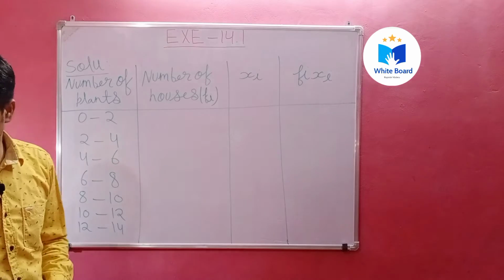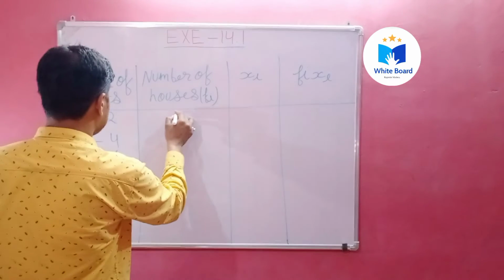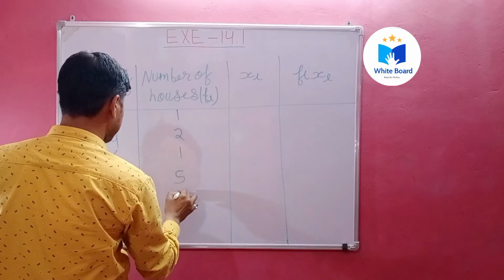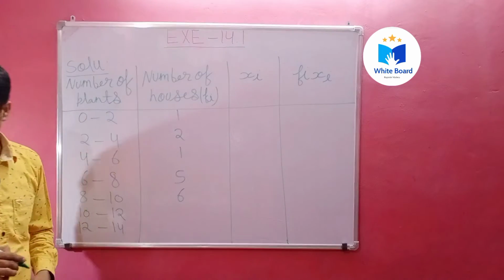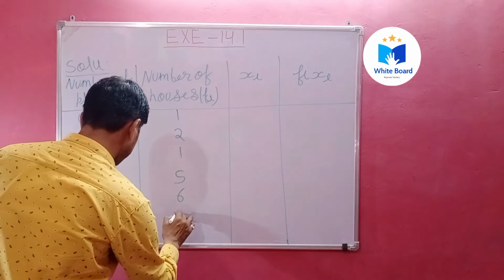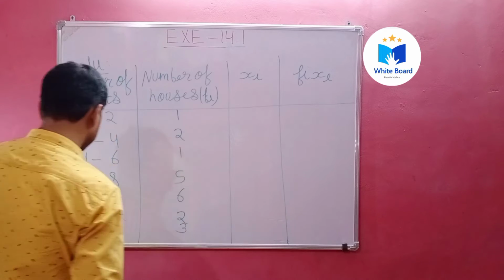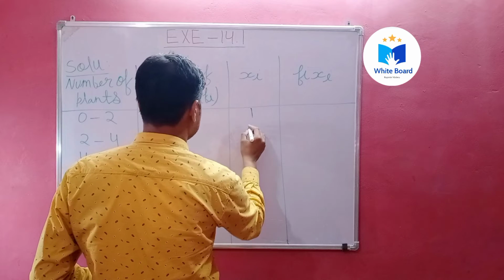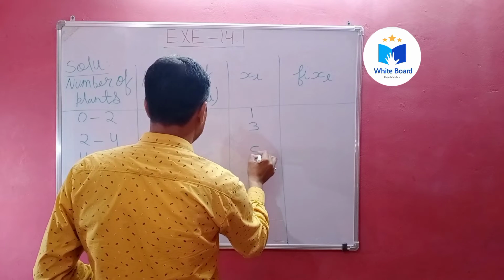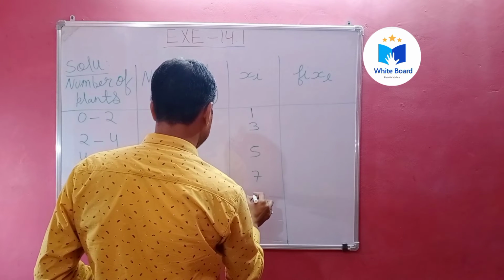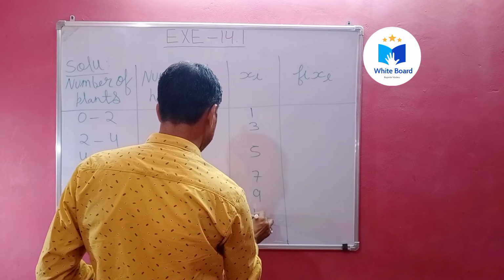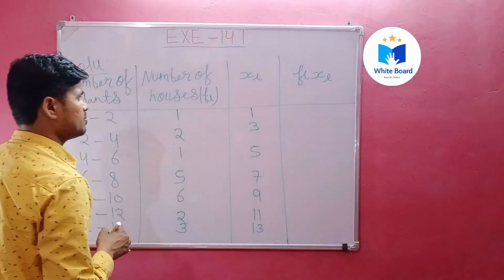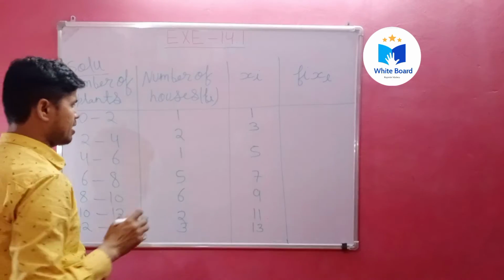And the frequency is given as 1, 2, 1, 5, 6, 2 and 3. Now class marks are 1, 3, 5, 7, 9, 11 and 13. Now we find out fi xi.